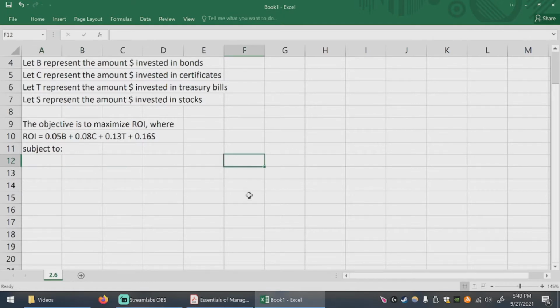Total investment is going to be B plus C plus T plus S, because that's the total of everything I'm investing, all four parts together. That has to equal 15 million.